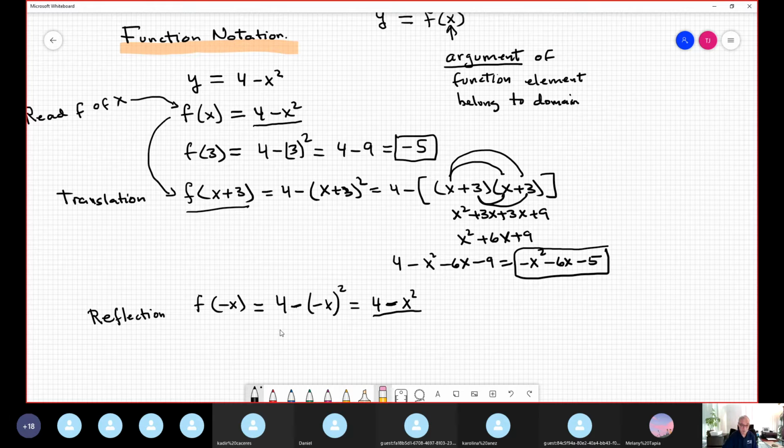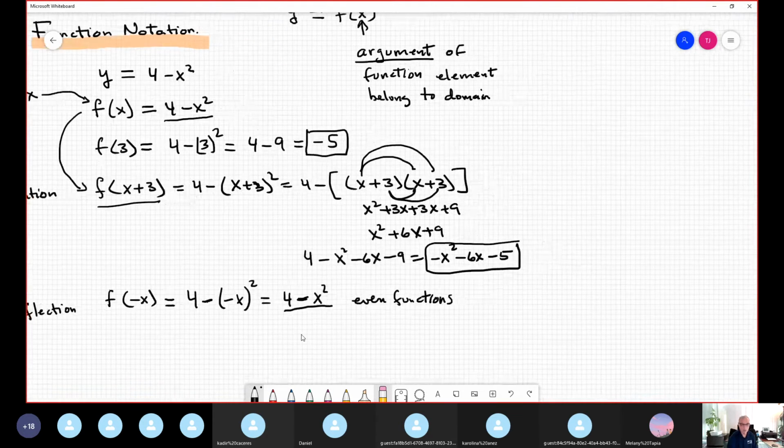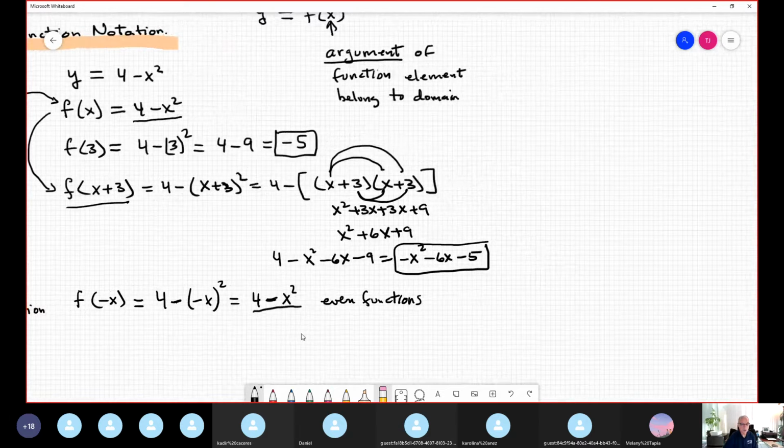This situation happens in the even function. Even functions. Let me try to anticipate something. The function that you reflect and nothing happens is called even. The graph of the original function that we are studying now in this section is this function. Let me try to do my best.